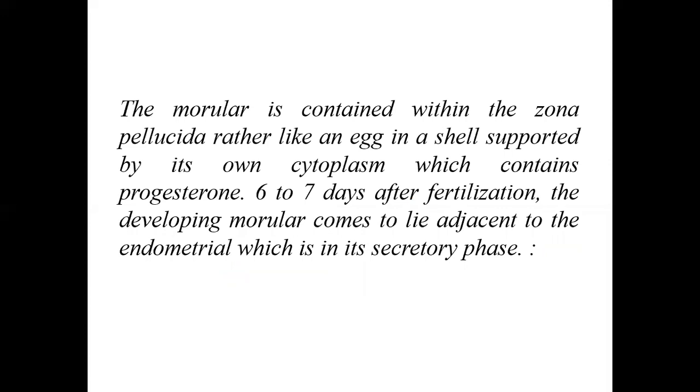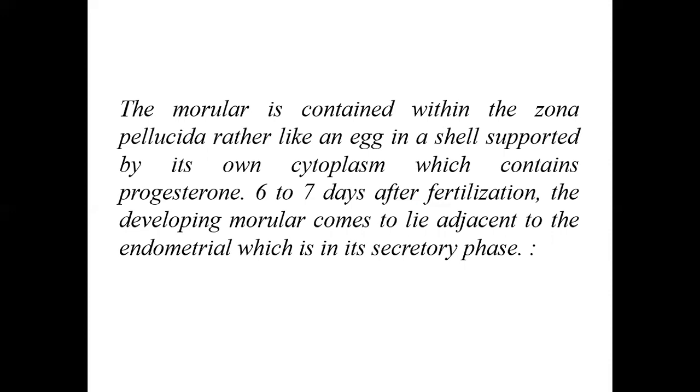So 6 to 7 days after fertilization, the developing morula comes to lie adjacent to the endometrium, which is in its secretory phase. So this is very important. During the menstrual cycle, there are phases: the secretory phase, the menstrual phase, and a phase that is proliferative in nature.